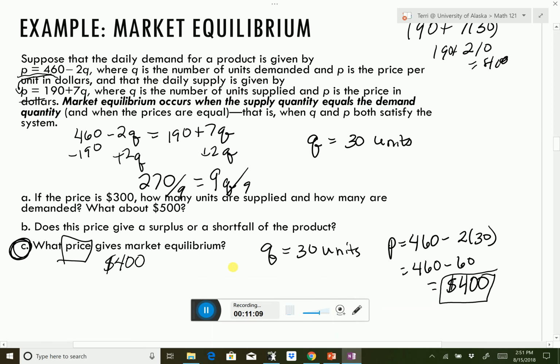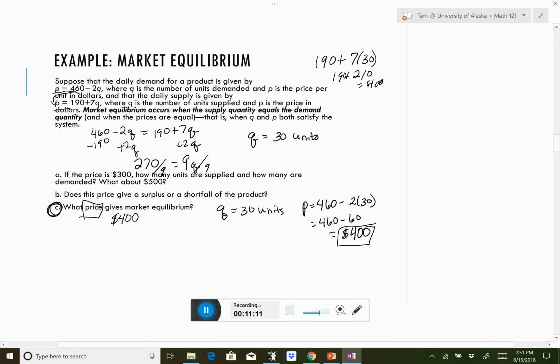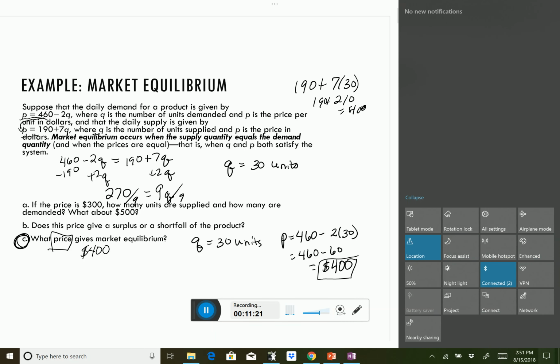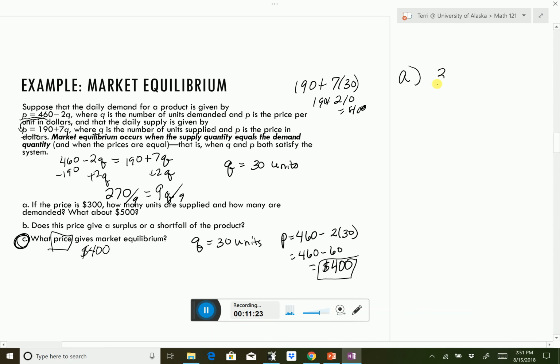Now, let's answer this A and B question that we had over here. A is, if the price is 300, how many units are supplied and how many are demanded? Well, if our price is 300, then we have 300 equals, this is demand, 300 equals 460 minus 2Q. And supply would be 300 equals 190 plus 7Q.